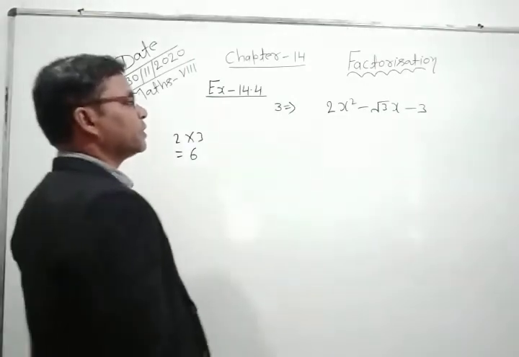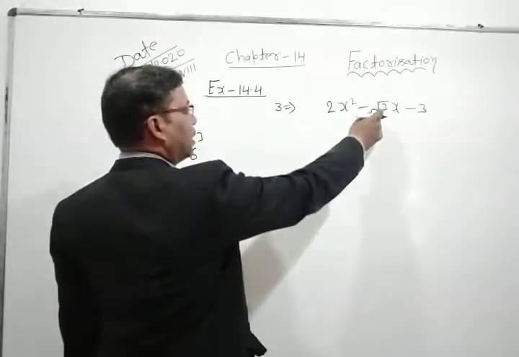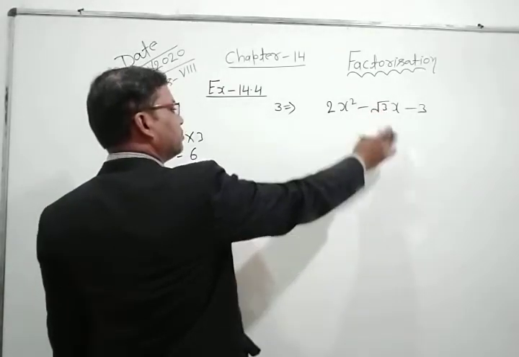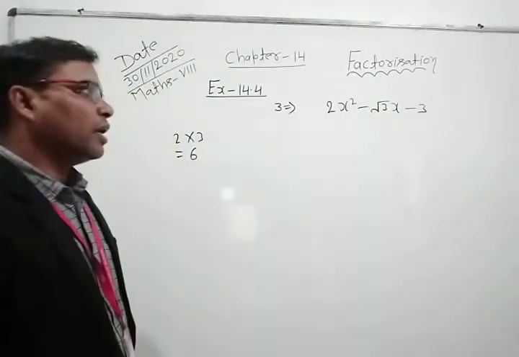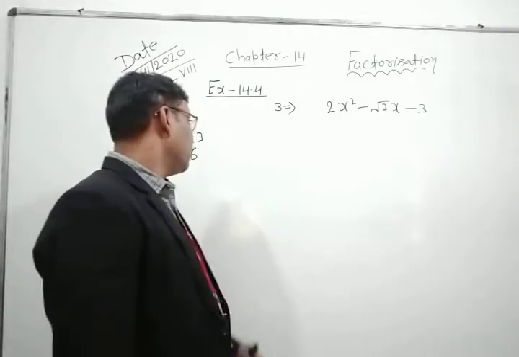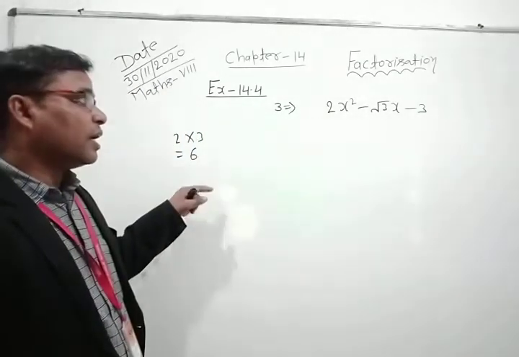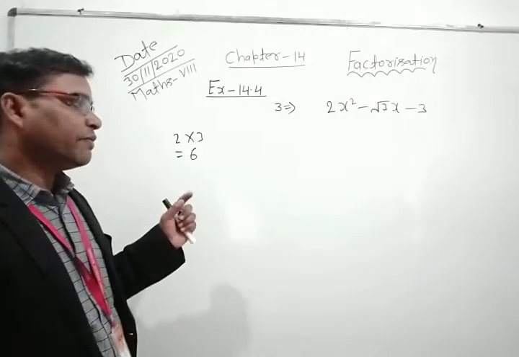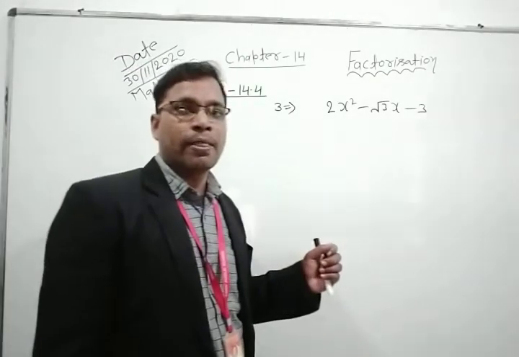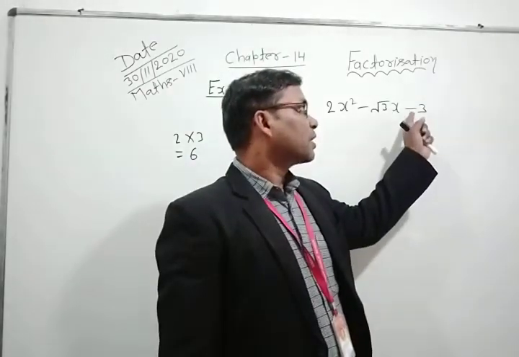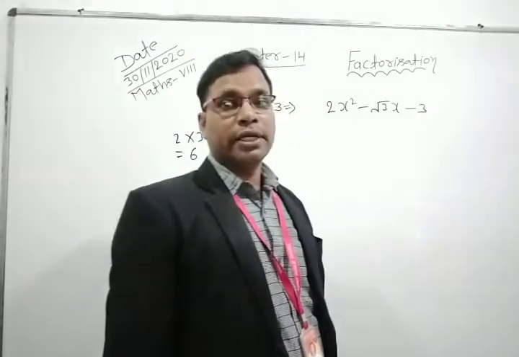So we split the term root 3, or you can say we find the factors of 6 such that their product is 6 and their difference is root 3. Why do we take the difference? Because you can see the constant term has a negative sign.